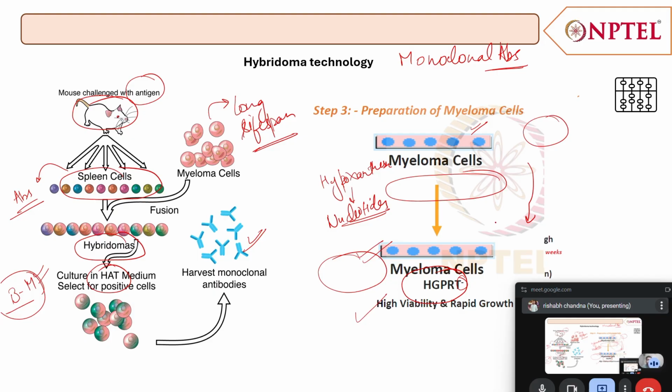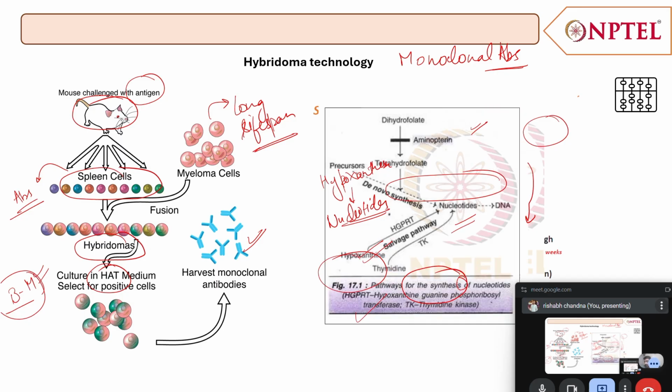These myeloma cells, we'll grow them in the HAT medium. So how do we use this HAT medium? We have the aminopterin that will block the dihydrofolate to tetrahydrofolate conversion, which helps in the de novo synthesis of the nucleotides.